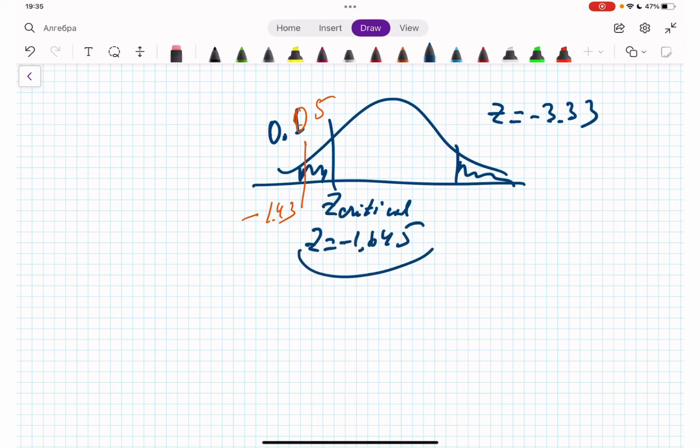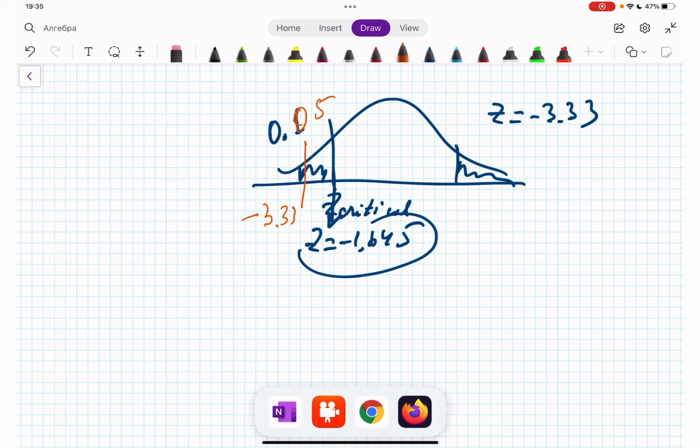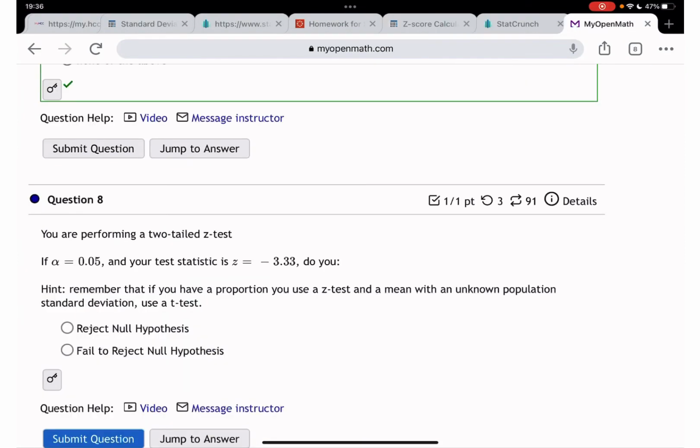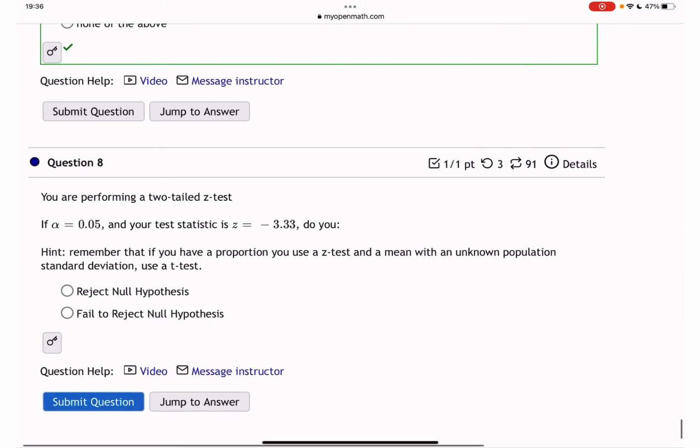This is our Z critical, which means we have negative 1.645 and negative 3.33. So negative 3.33 is falling in the rejection area, right? Because it's less than our Z critical. Therefore, if it's less than, then we reject our null hypothesis. There we go.